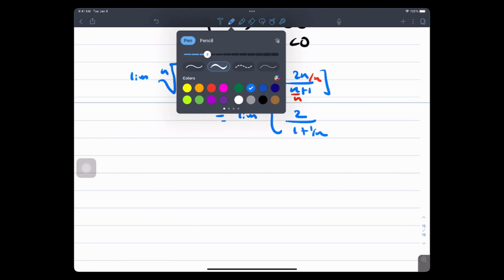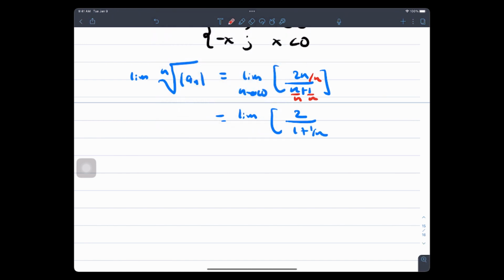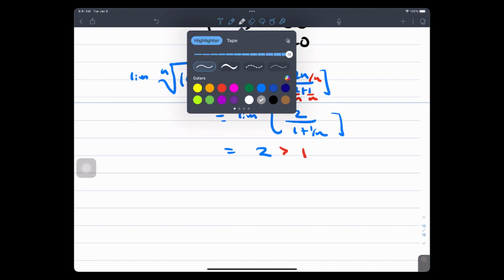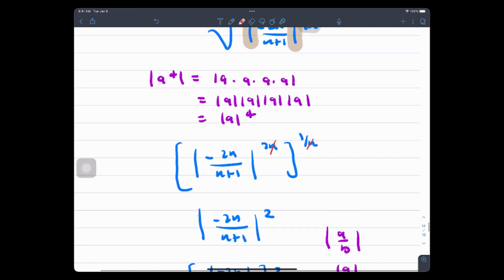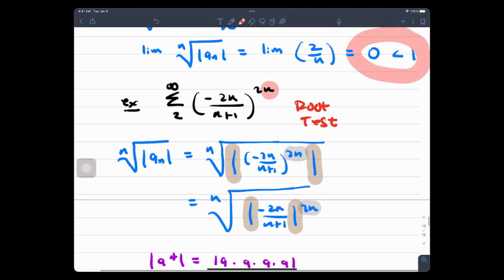Sorry, we forgot to do this one here. And that's 2. Is that 2? I think so. What do you guys know about that number 2? It's greater than 1. What does that mean if it's greater than 1? The series what? Diverges. So this series diverges by the root test.